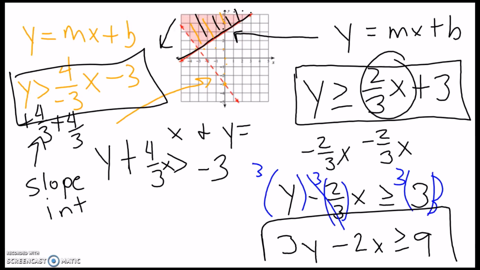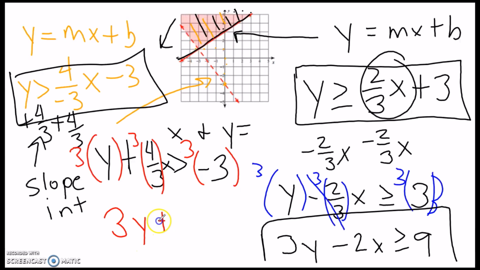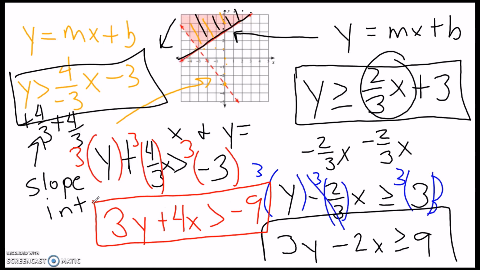And then again, I want to get rid of that 3, so we're going to multiply everything by 3. This would give me 3y plus 4x is greater than -9. So that would be the equation for this in standard form.